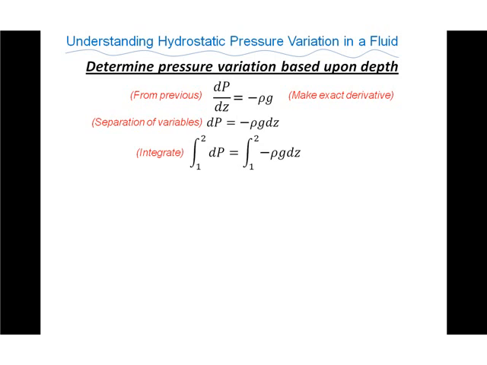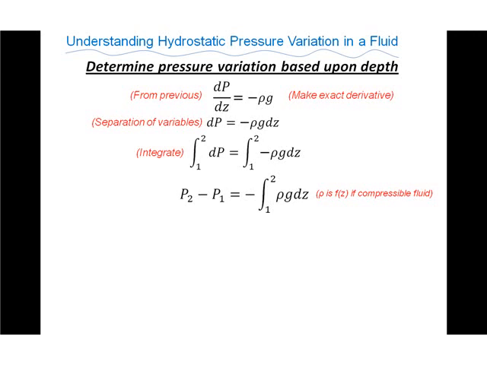Now don't get too freaked out by these integrals because we're going to take care of them in a second. So the left side just simplifies down because it's basically the integral of 1, so it simplifies down to pressure 2 minus pressure 1.